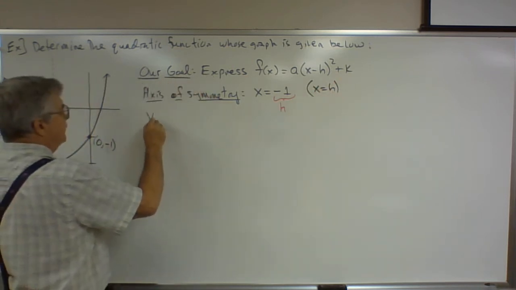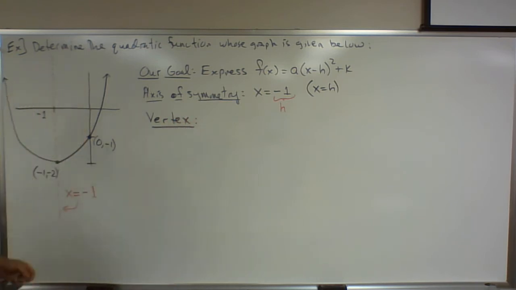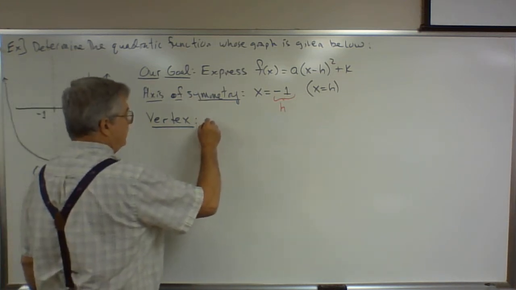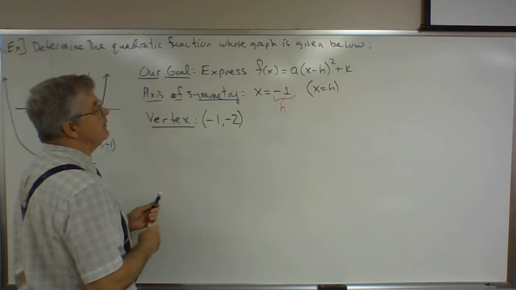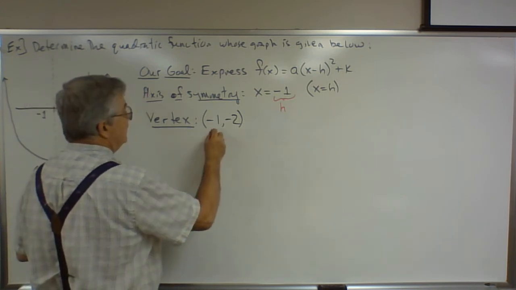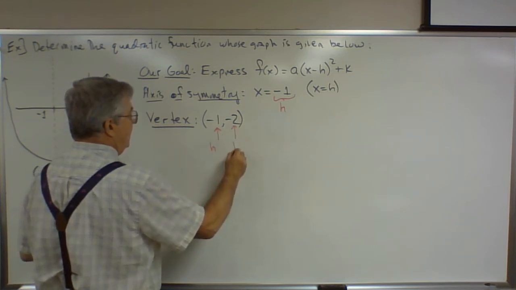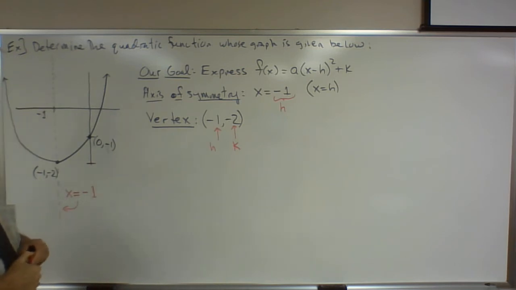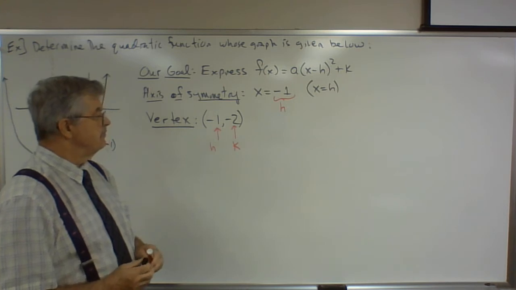The vertex is the ordered pair that gives this point right at the bottom, (-1, -2). The vertex is the point (h, k).